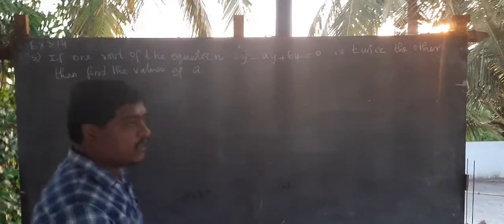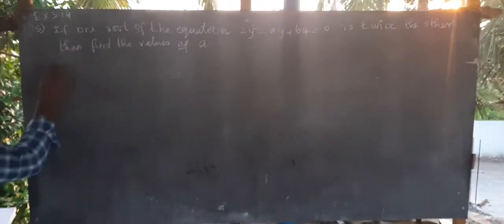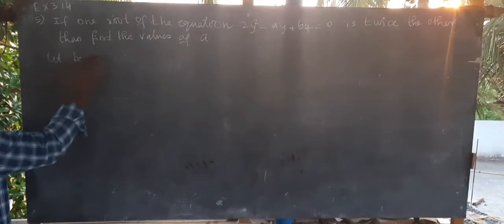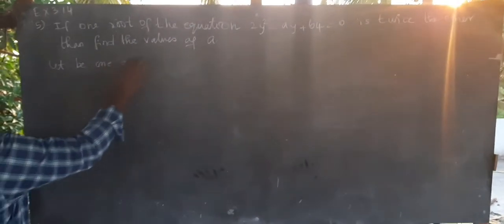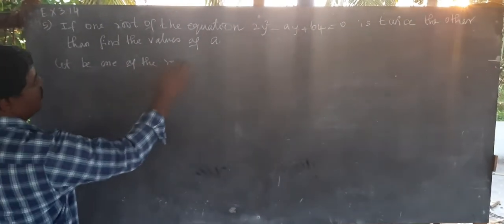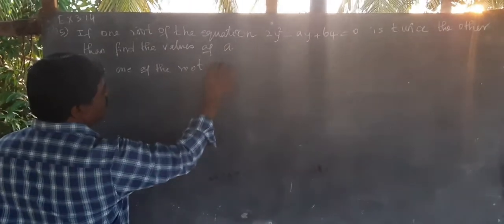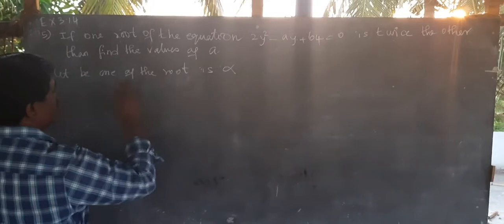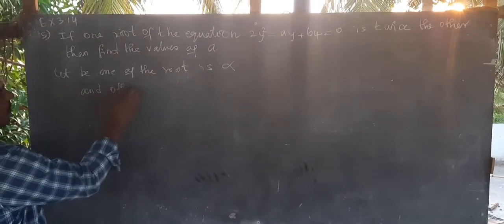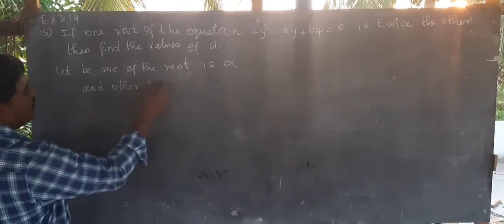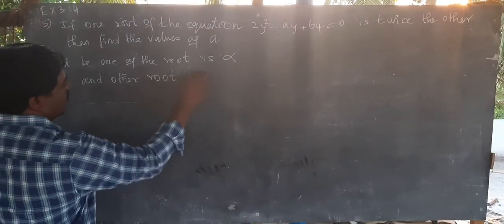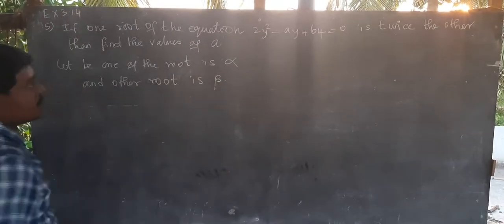What is the meaning of this? Let one of the roots be alpha, and the other root beta.